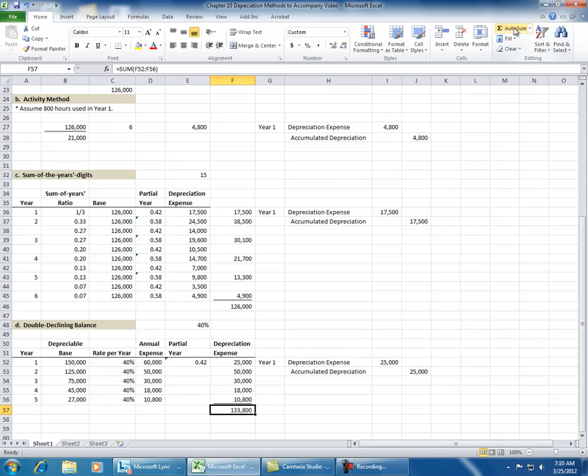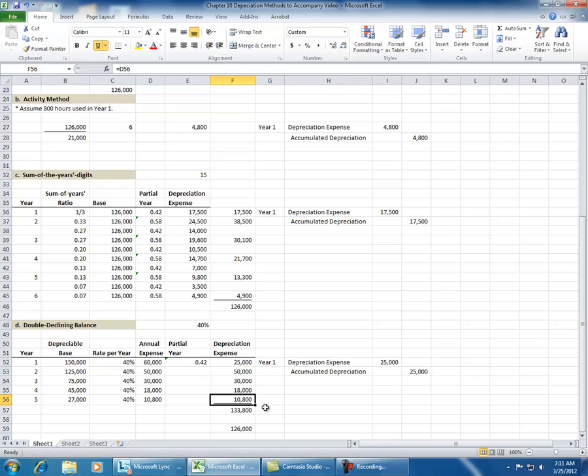What we need to be careful with in the double declining balance method is that we don't depreciate too much. We don't have a natural stopping point for depreciating the asset using this method. So you can see that if I fully depreciated by 40% each year, excluding the first year, which is partial, I arrive at $133,800. Now you'll remember that we only want to depreciate up to $126,000 because we want to stop at the salvage value.